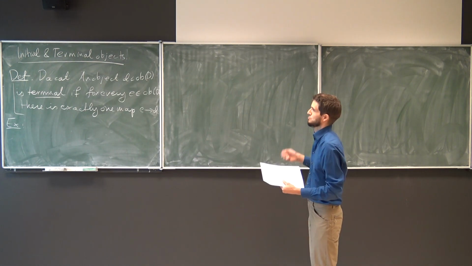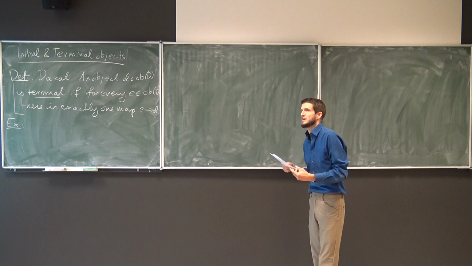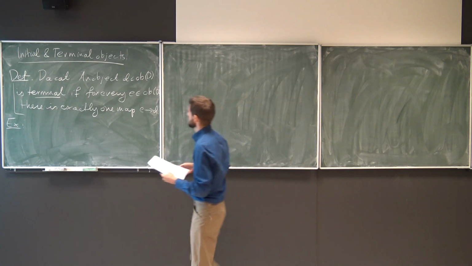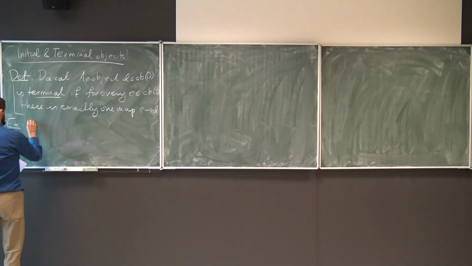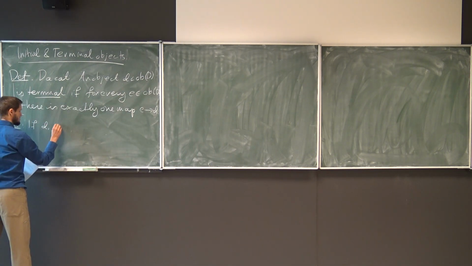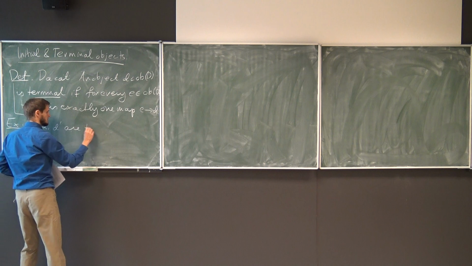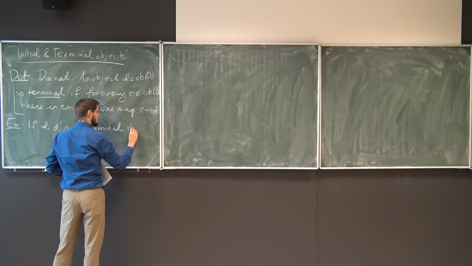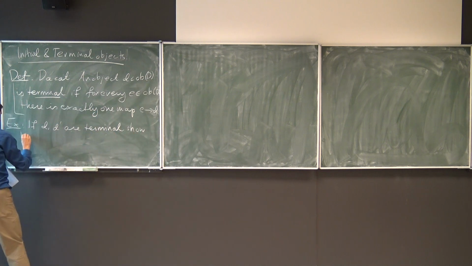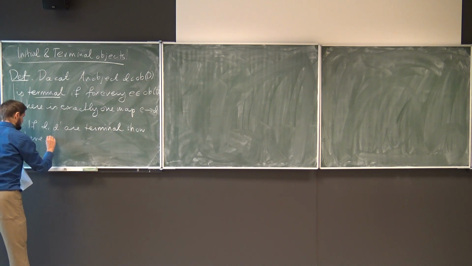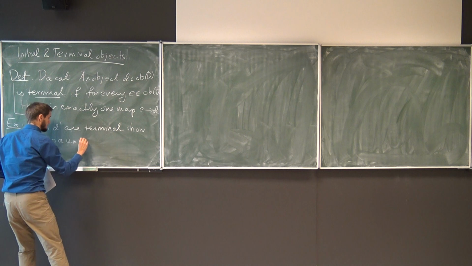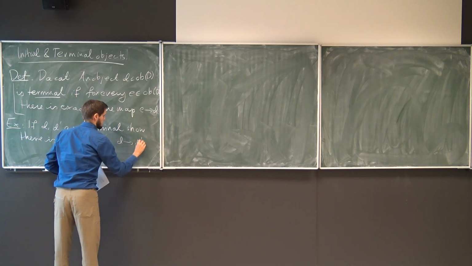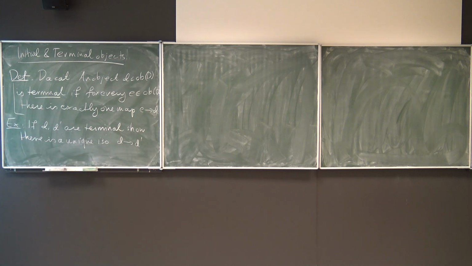So we're not going to have one terminal object on the nose, but given any two terminal objects, there's a canonical isomorphism, indeed a unique isomorphism between them. So if D and D prime are terminal, show there is a unique isomorphism between D and D prime. This is a very easy exercise.